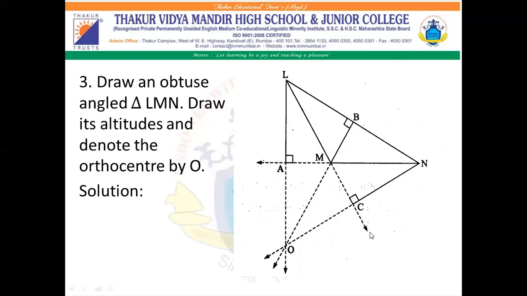From the vertex M, draw segment MB perpendicular to the opposite side LN. Here, the altitudes LA, NC and MB are concurrent, means they pass through exactly one point. That point is O here.